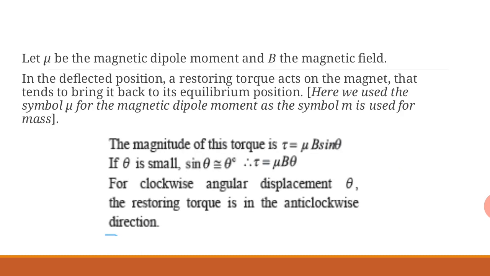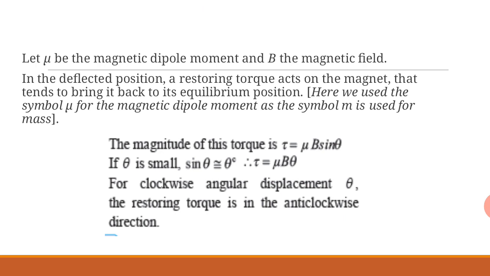Now let mu be the magnetic dipole moment and B be the magnetic field. In the deflected position, a restoring torque acts on the magnet. Obviously, because the pole strengths are equal in magnitude but opposite in sign, this torque will act on the magnet and it will tend to bring it back to its equilibrium position.